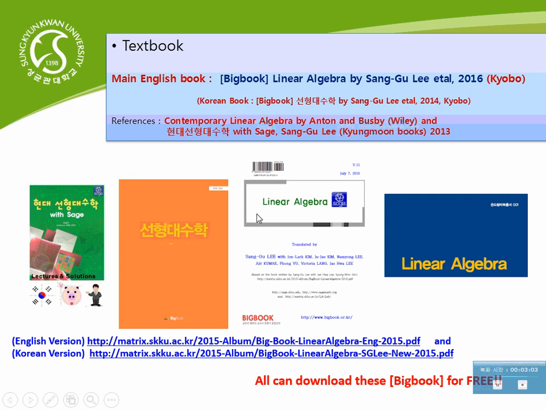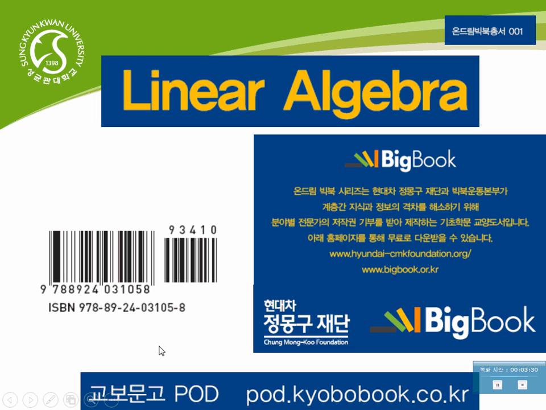And I introduced you to the textbook. I wrote this book several years ago, and I made the free ebook in Korean version for students. Recently I finished writing the English version of this linear algebra ebook for free, which you can download from this web address. We will use this English version of the linear algebra ebook for this class.